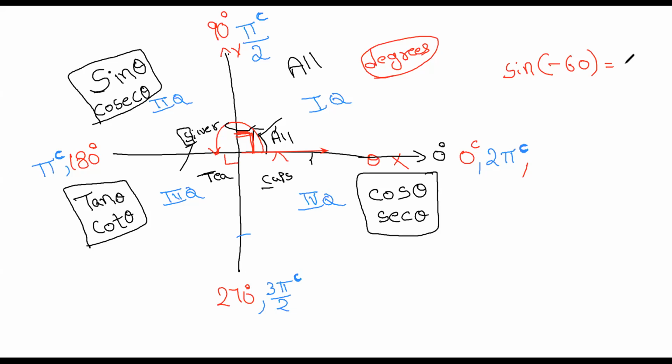Here also you can do the same method. Sine of 0 minus 60. Whether it is pi or 0, it is the same.